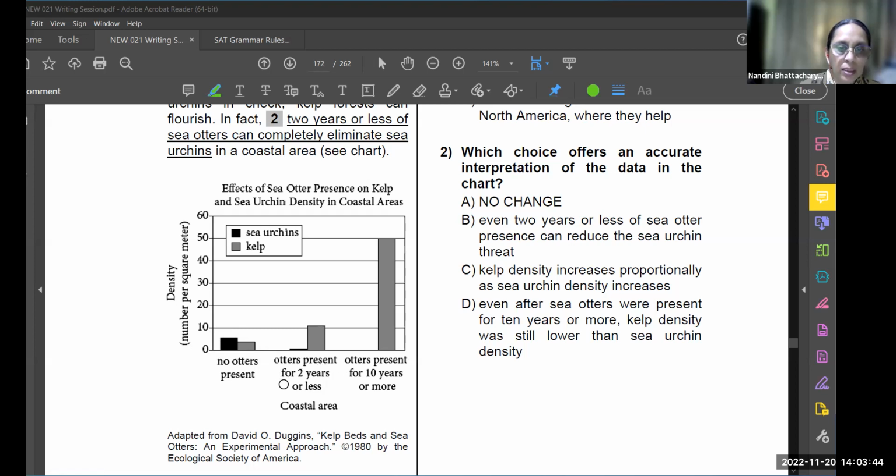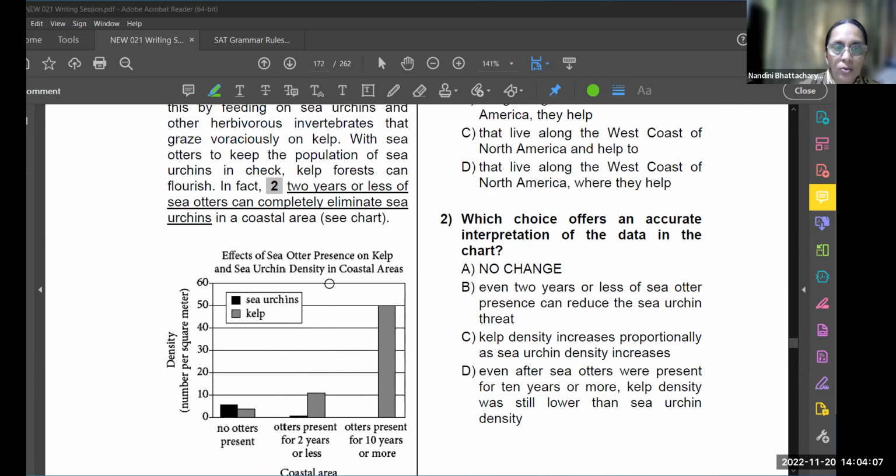When the otters came in for 2 years or less, sea urchins almost disappear and the kelp density went up. When otters were present for 10 years or more, the kelp went up and the sea urchins disappeared, right?